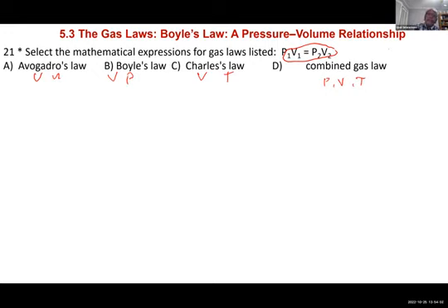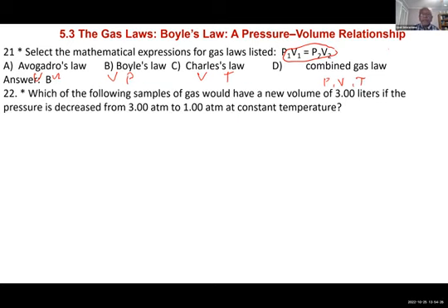So in each gas law equation, only these variables are involved. The other two are held constant for Avogadro's law or Boyle's law or Charles' law. So this is Boyle's law. Only V and P are involved.